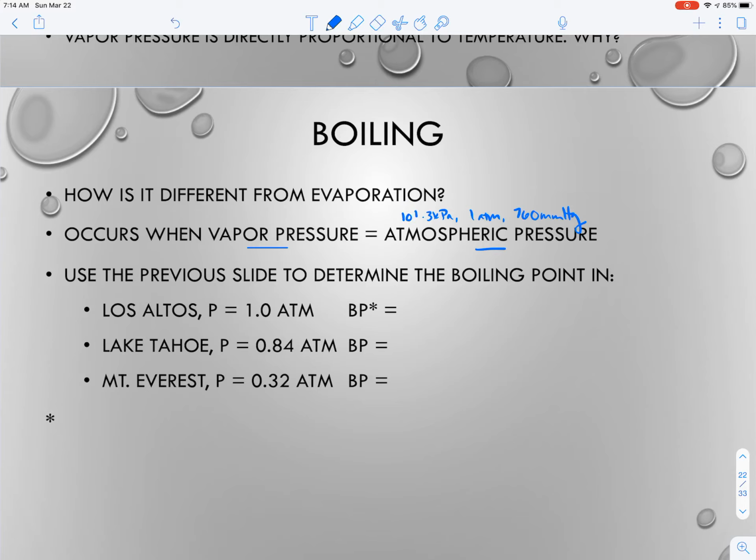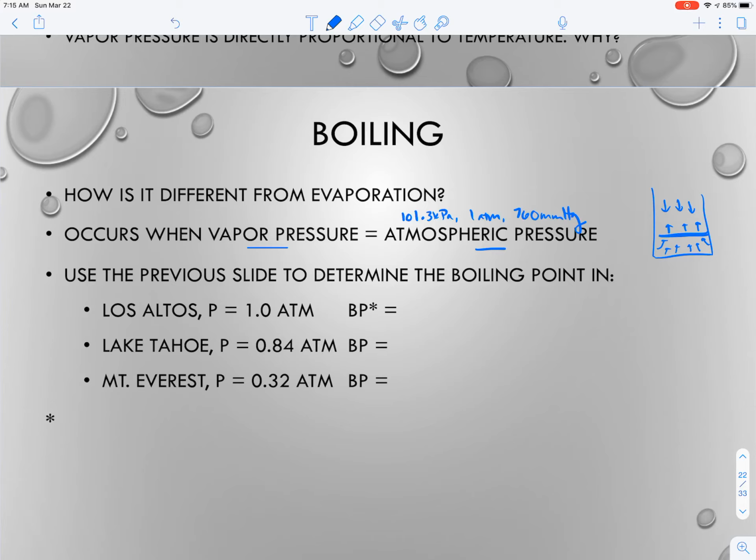you can think of it as like the liquid trying to evaporate, quote unquote trying to evaporate, is pushing up, right, and the atmosphere is pushing down. So at some point, that pushing is equal. Like the atmosphere is pushing down as much as the liquid, while trying to become a vapor, is pushing up. And at that point, you have basically boiling happening.